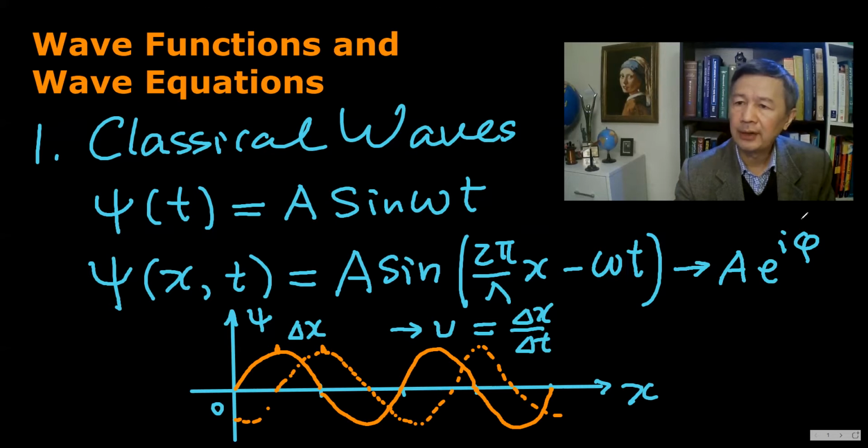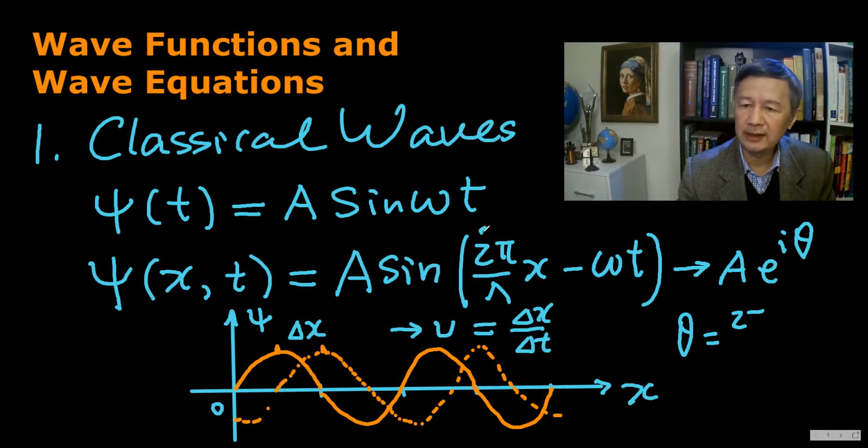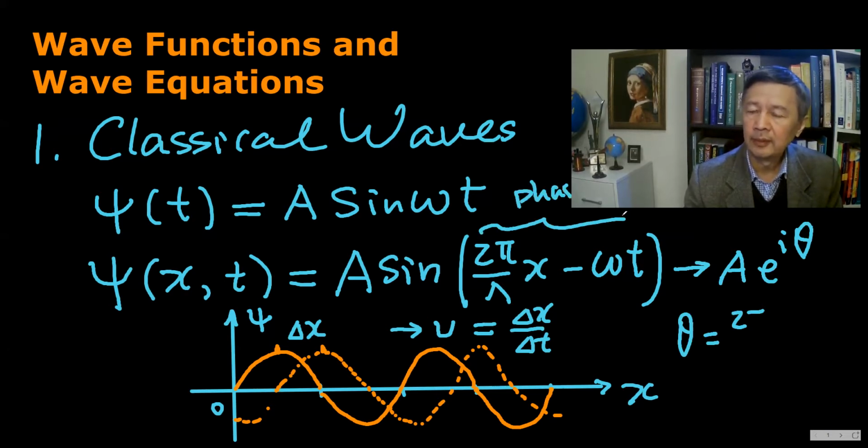Here I can use theta for it. Theta is equal to this factor, which is called the phase factor. That is 2 pi over lambda, the wavelength, multiplied by x, minus omega t.